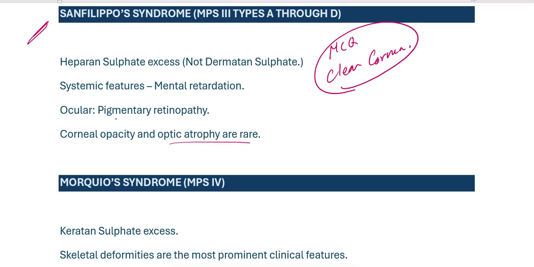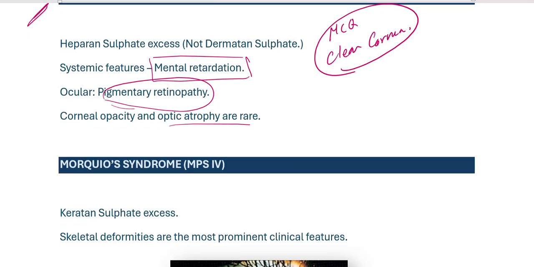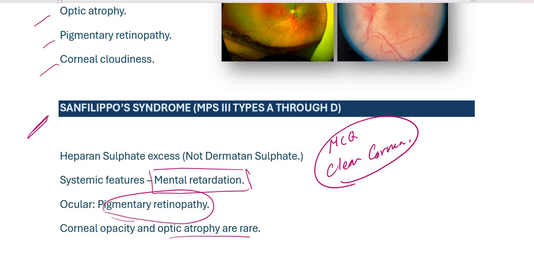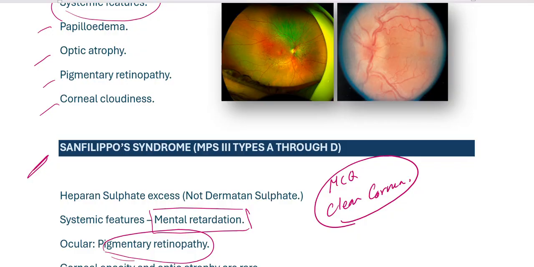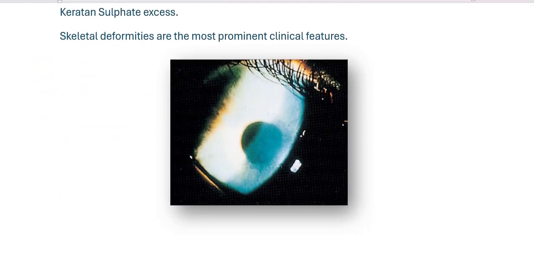Ocular manifestations are mainly pigmentary retinopathy, and the most common presentation is mental retardation. Morquio syndrome is mainly skeletal deformity, but again might have some corneal cloudiness, usually faint, and it doesn't usually need PKP. So it's mainly systemic and skeletal deformities.